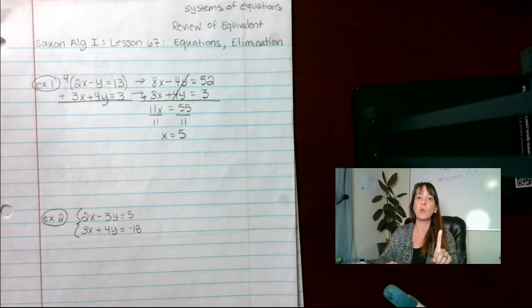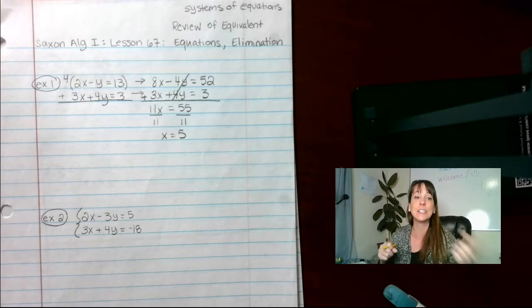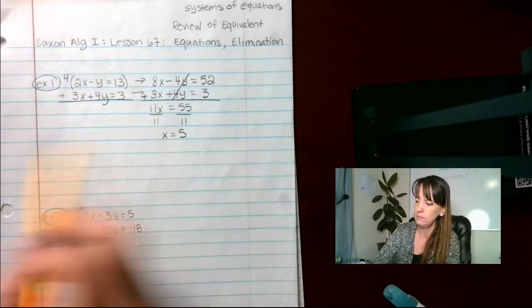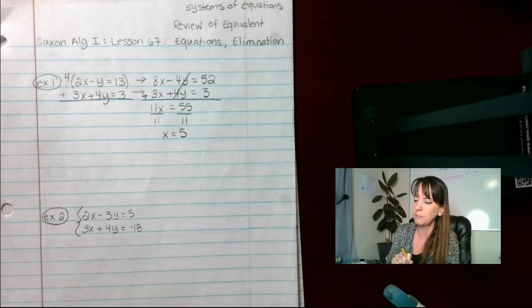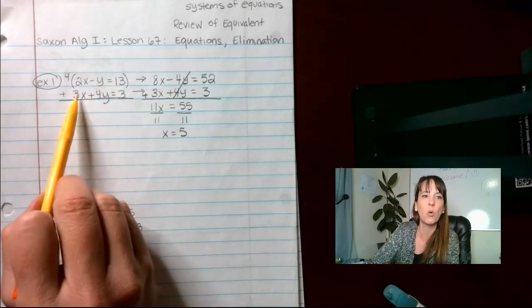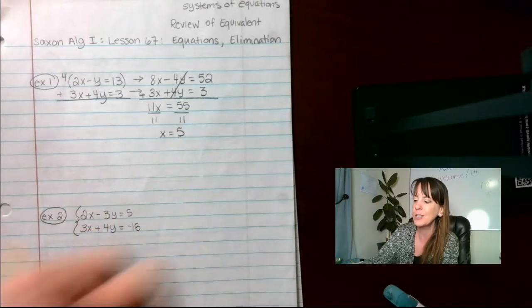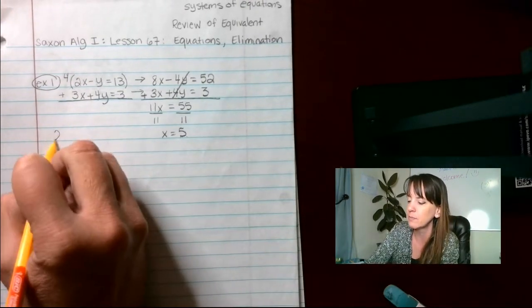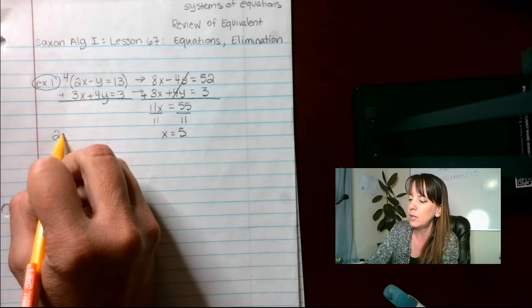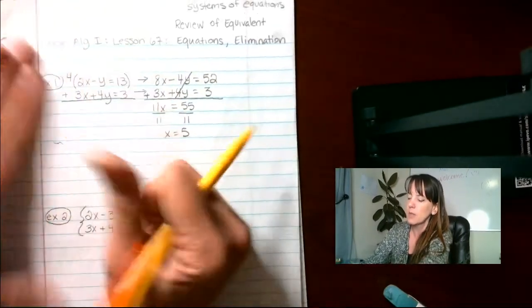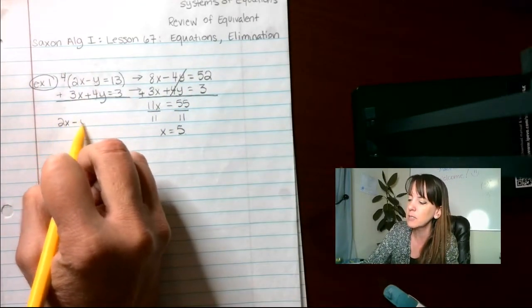But remember, with systems of equations, you're not done. You've got to find both your x and your y. So now what you want to do is pick either the top or the bottom equation, and you're going to substitute in x. I'm just going to pick the top one, because I feel like it. So in fact, what I'll do is I'll rewrite it here so you see 2x minus y equals 13.